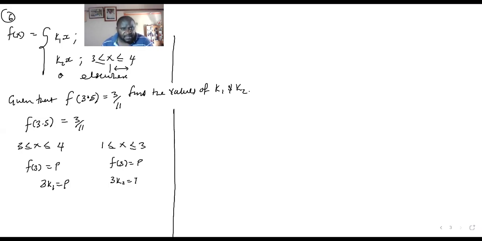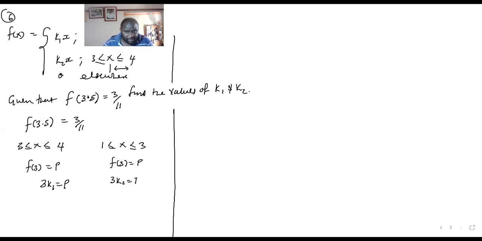There's something I'm missing here. If these values at the boundary are the same, then we should have expected 3k1 to be equal to 3k2. But the values of k can't be the same. What do you think? Might be losing out something.